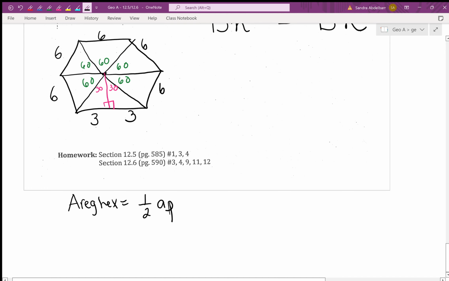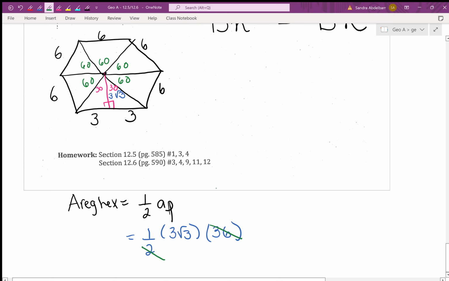All right, I'll give you a second to catch up. All right, do we all agree this is a 30, 60, 90? So what's the apothem? 3 root 3, very good. So we are half, the apothem is 3 root 3. What's the perimeter? 36.